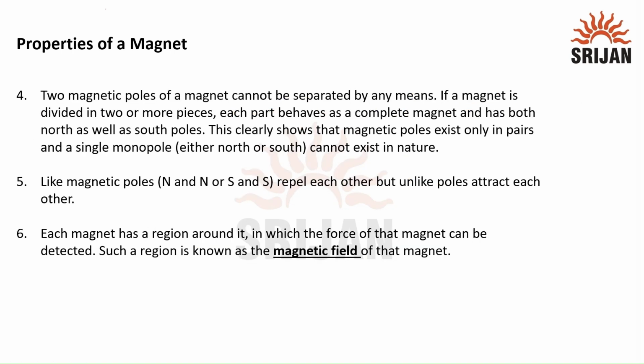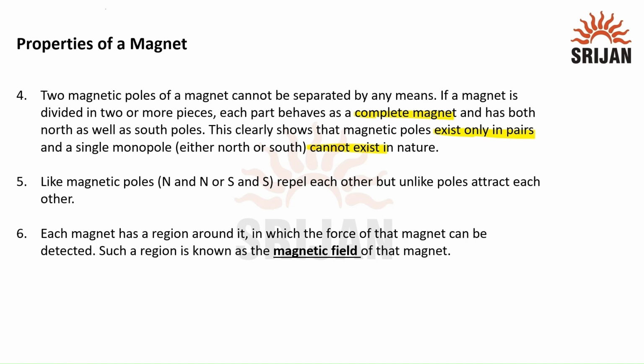The fourth property is that two magnetic poles of a magnet cannot be separated by any means. If a magnet is divided into two or more pieces, each part behaves as a complete magnet and has both north as well as south poles. This clearly shows that magnetic poles exist only in pairs and a single monopole cannot exist in nature.